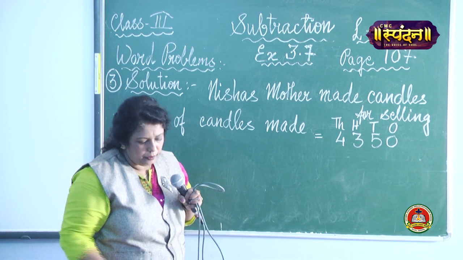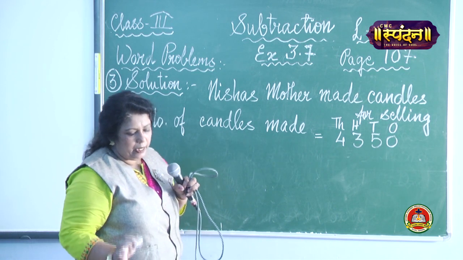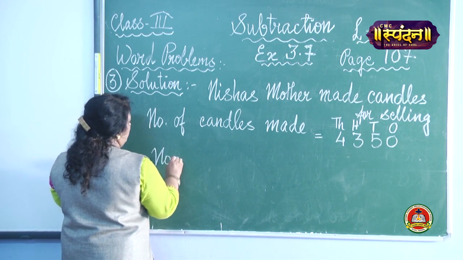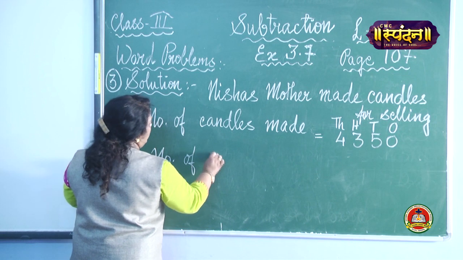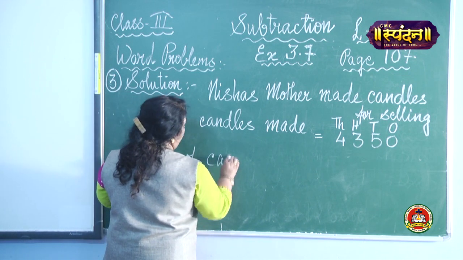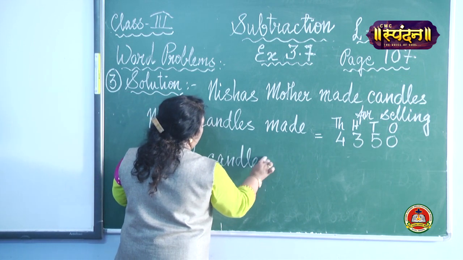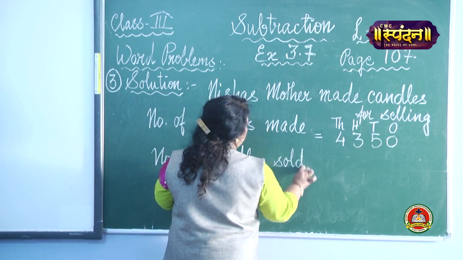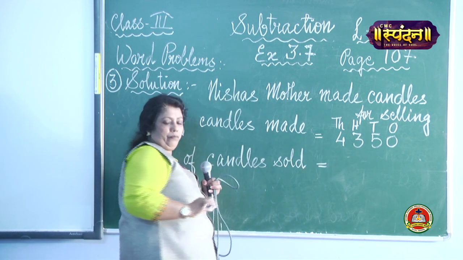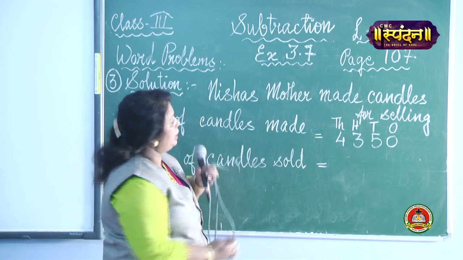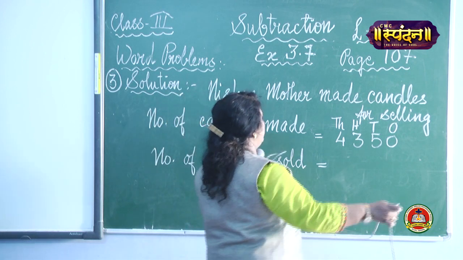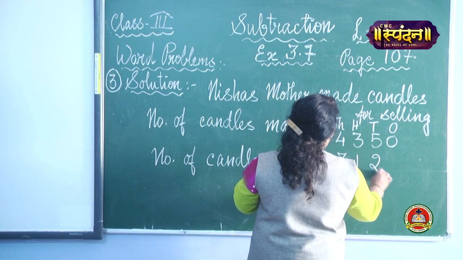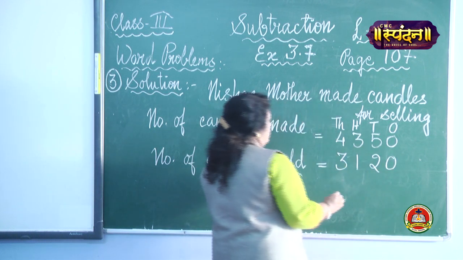So, second line will be number of candles sold. Number of candles sold, that is 3120. 3120, right?